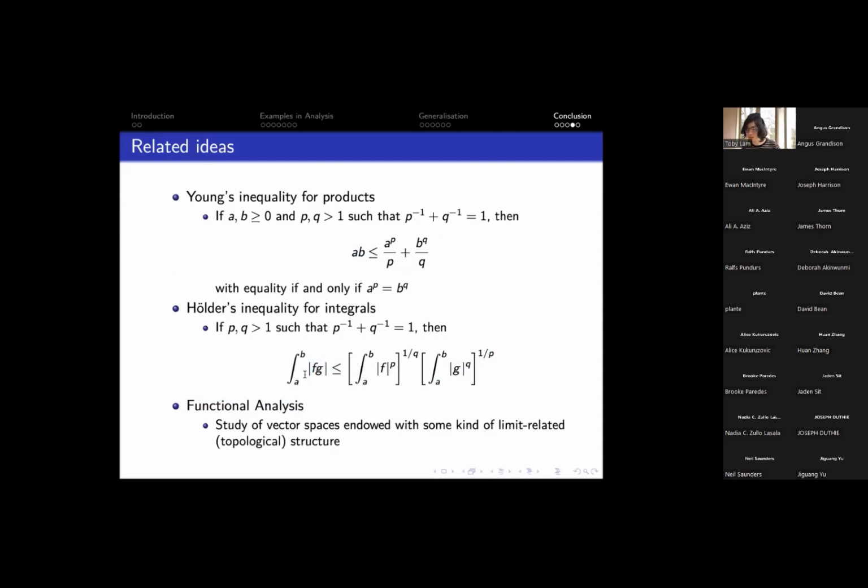And in fact, if you're interested in this kind of stuff, I would definitely encourage you to look into functional analysis, which is about vector spaces, say polynomials, which also has a limit-related, topological structure. So you can think about polynomials as a vector space, and you can also think about polynomials as continuous functions. And when you think about continuity, when you think about limits, you think about topology.